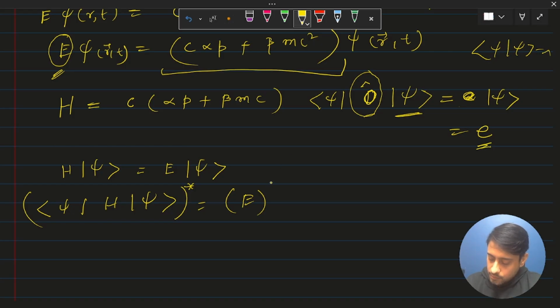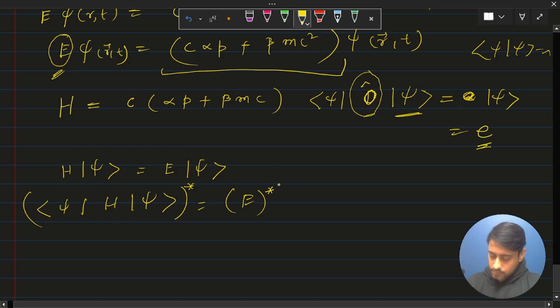So the operators should be such that they give you a real eigenvalue, a real number. If I take the complex conjugate on both sides, you know that for energy or any eigenvalue which is a real number, the complex conjugate must be the same. But this expression can be written as psi h Hermitian psi.